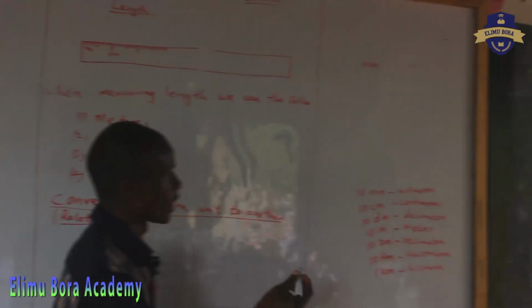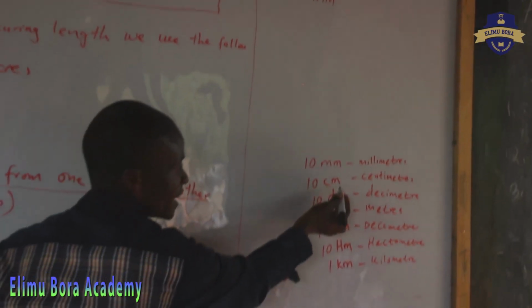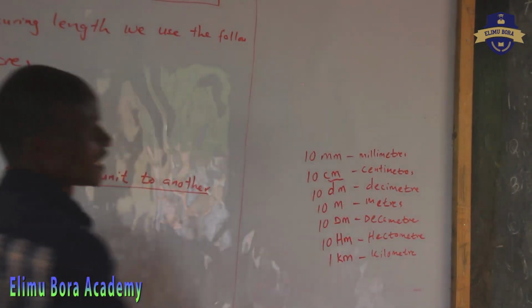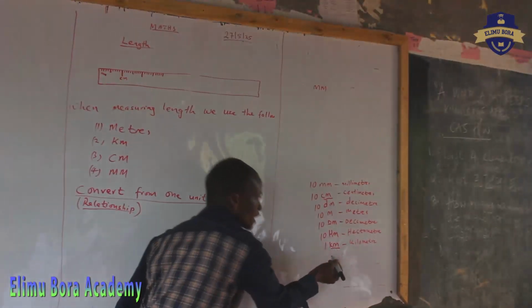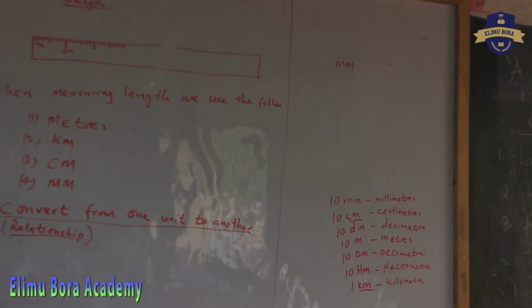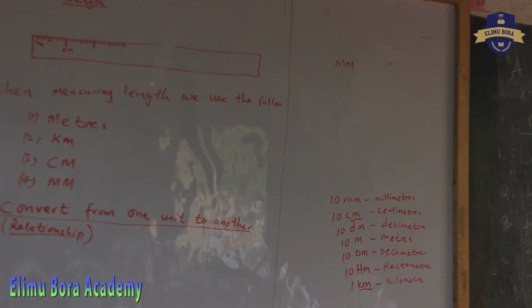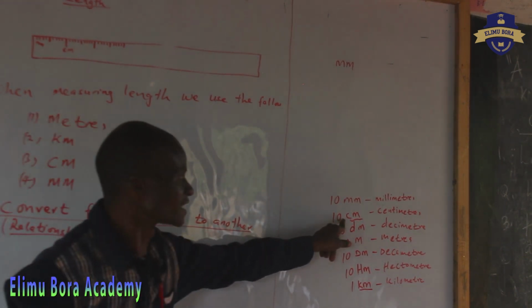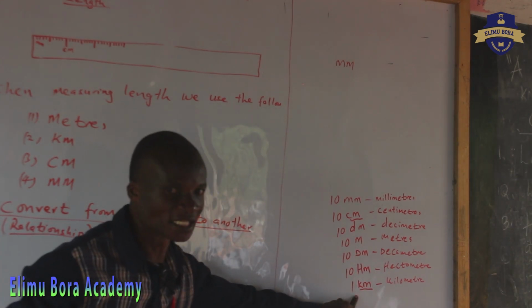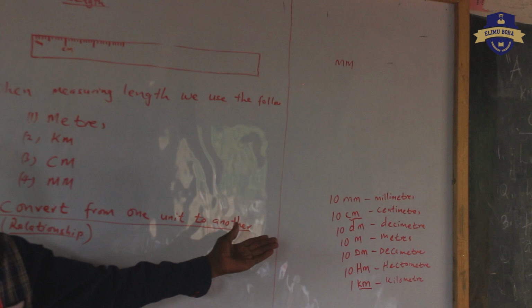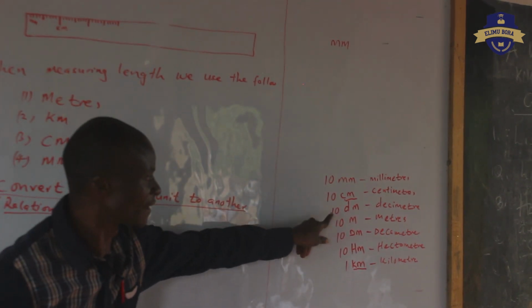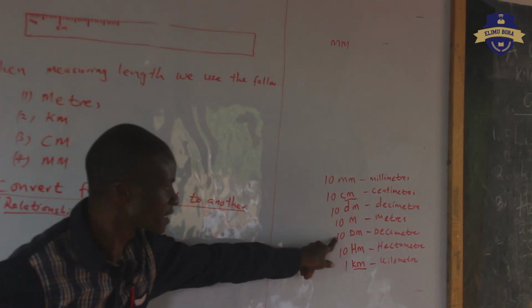Step number one, underline the centimeter they are talking about. Step 2, then what? Kilometers. So we are talking about centimeter and kilometers equals 1 kilometer. So you underline centimeter and kilometers. Then now let us see how many centimeters are there. We shall count 10, 10, 10, 10, 10.